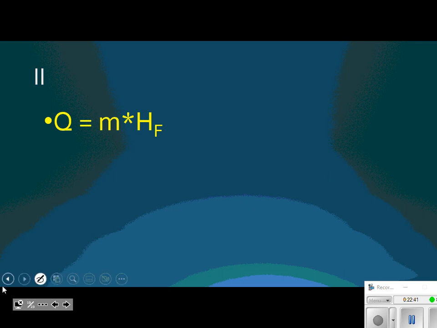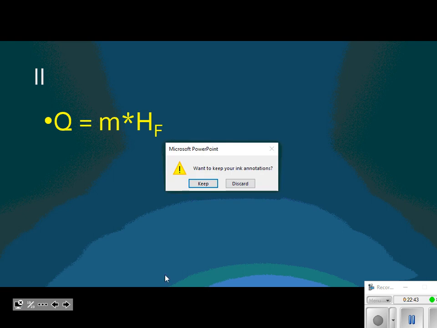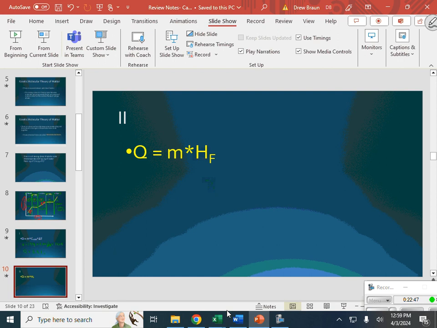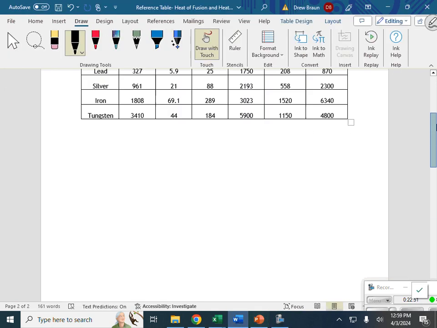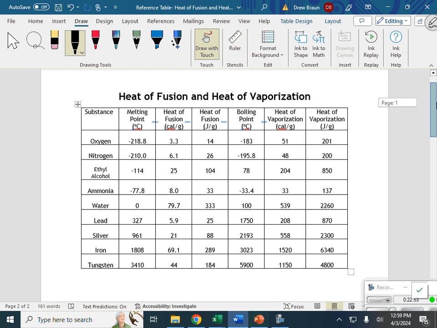Where do you get the heat of fusion? Once again, let me come back here and get on to this diagram here. And here we have heat of fusion. So the heat of fusion of water is right here. 333 joules per gram, if you look at the label up top here.